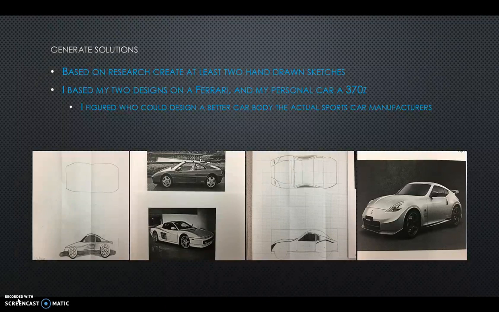Also, I'm just a fan of how they look. Based on research, we needed to create at least two hand-drawn sketches. I based my two designs on Ferrari and Nissan 370Z. I figure Ferrari and Nissan had done plenty of research on the aerodynamics. I was wrong.